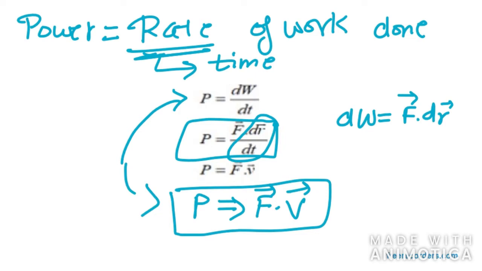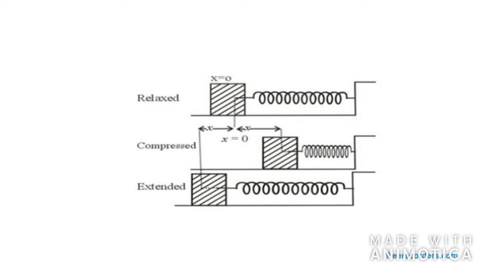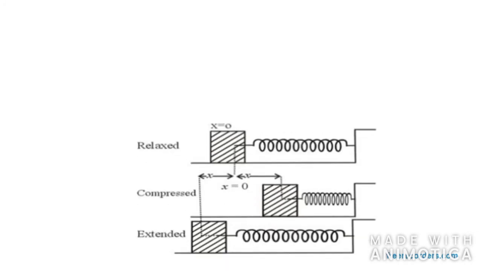Now we have the most important topic, that is the potential energy of a spring. Let us take a block here. You can see one block is there at a relaxed position in the first figure. Initially, I would be taking the spring in its natural relaxed condition. If we compress the spring in the second condition by a constant force F, then the work done by the force is stored in the spring as potential energy.